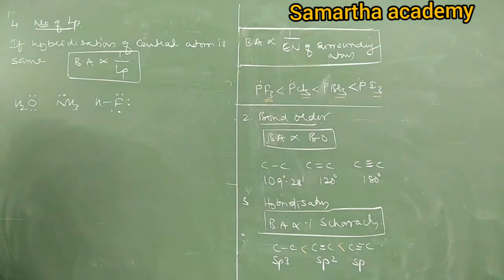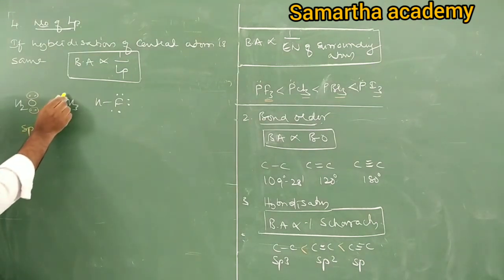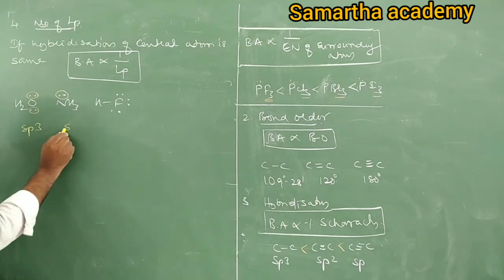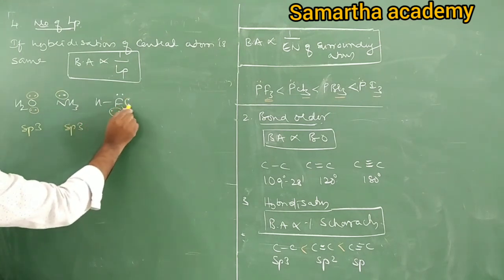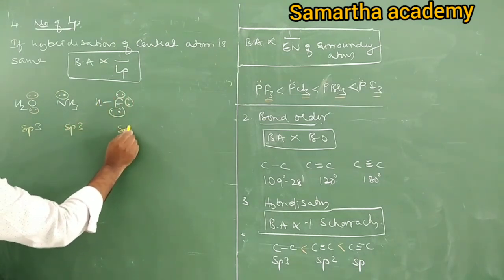Hybridization is the same, no? How? H2O has 2 bonds and 2 lone pairs. By seeing the molecule you should be able to tell the hybridization; you should practice that much. It is sp3. In ammonia there is 1 lone pair and 3 hydrogens, 3 bonds, sp3. HF with 3 lone pairs and 1 bond is also sp3.